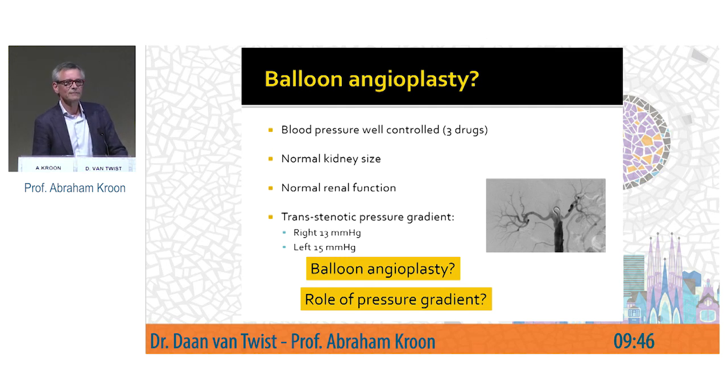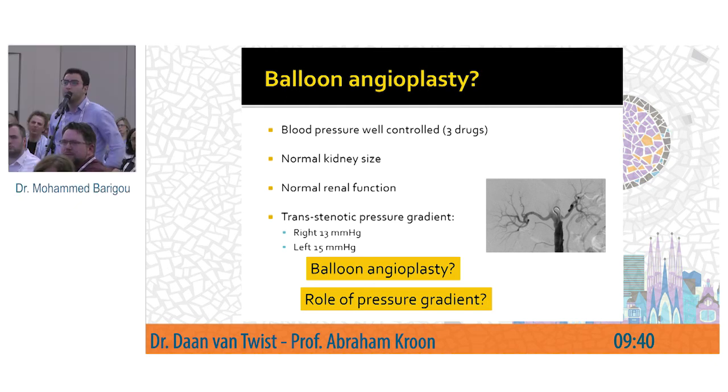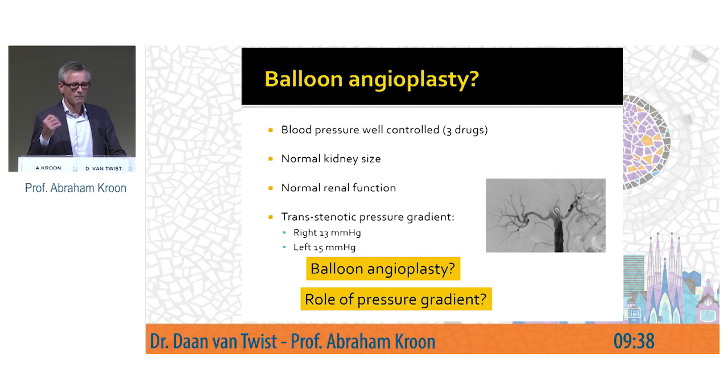So you didn't show us the results of renin and aldosterone in this patient. No, I didn't show you. It's really important in these patients, but I don't know them by heart. Dan, do you know? Because you have been looking into these. No, we didn't do it in this specific patient. The reason was that she was under medication with triple therapy, so we didn't do a blood sampling for renin and aldosterone.